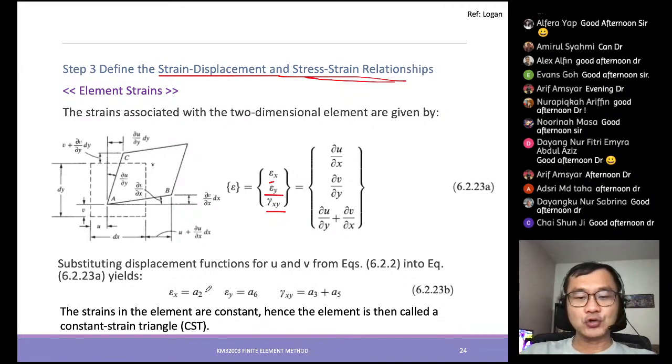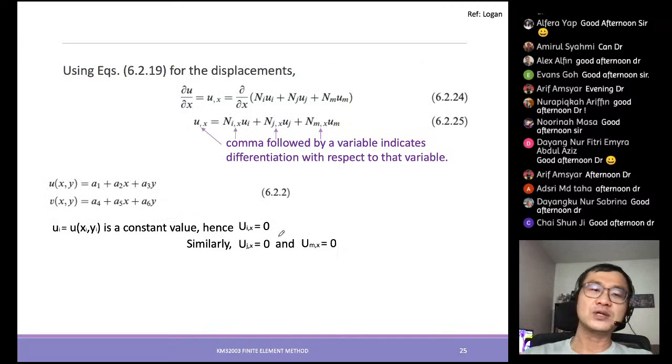For a CST, the strain in x is equal to A2, the strain in y is equal to A6, and the shear strain is equal to A3 plus A5, when we solve simultaneously. Based on this, you can have a relation between the stress and the strain itself.